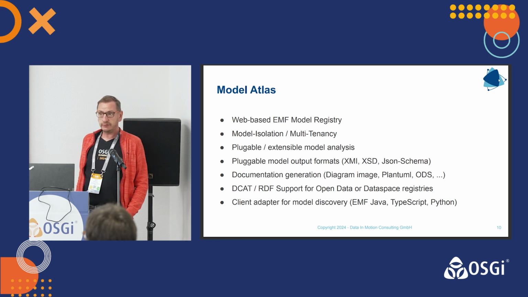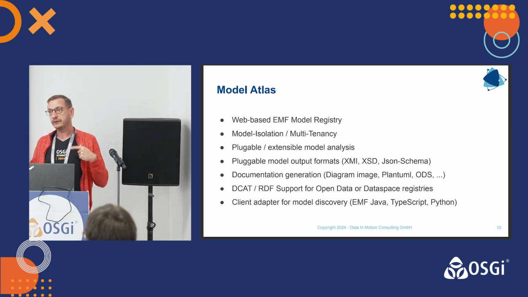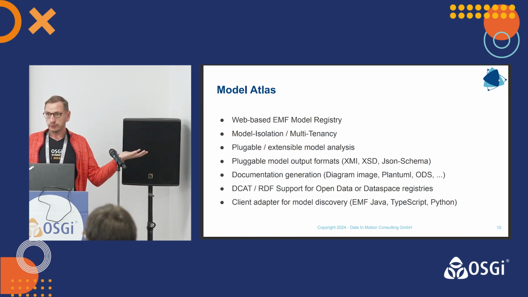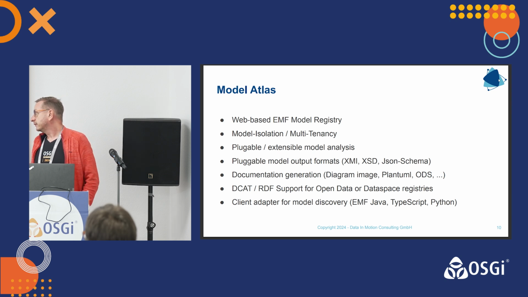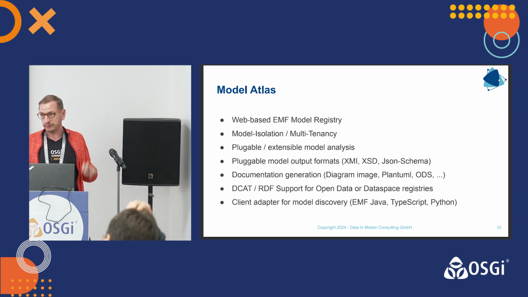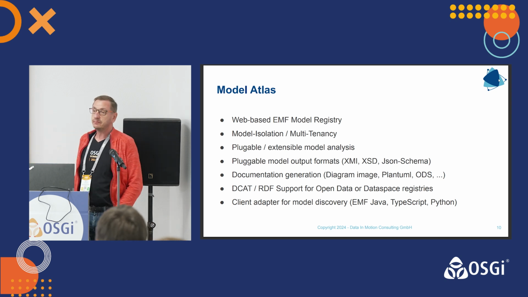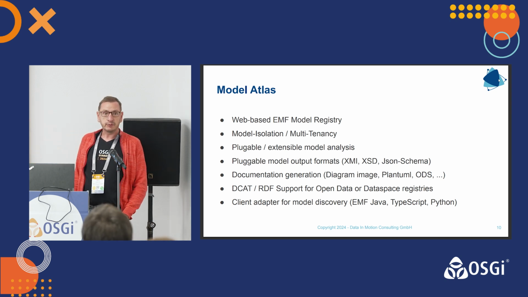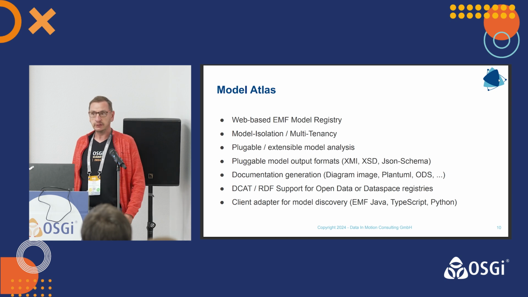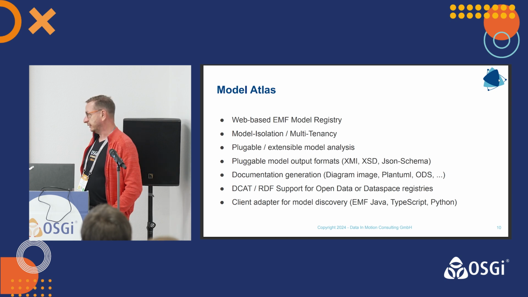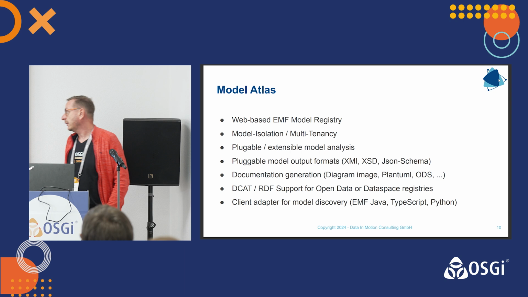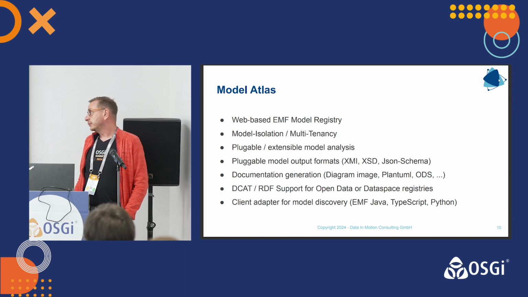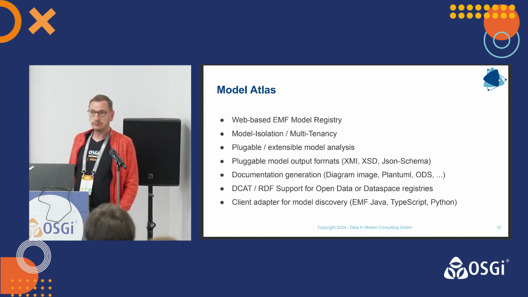In addition to that, we talked about the dynamics. When you want to register a new model or model updates, we have a pluggable and extensible model analysis extension, where it's possible, for instance, to verify the model for certain consistency or validation. We also have pluggable model output formats.